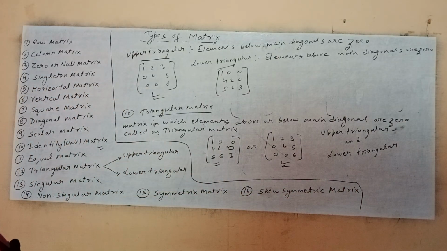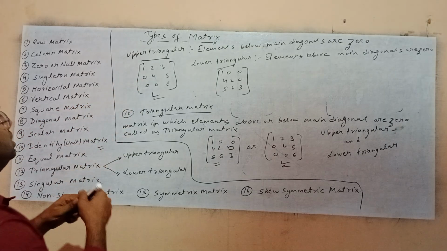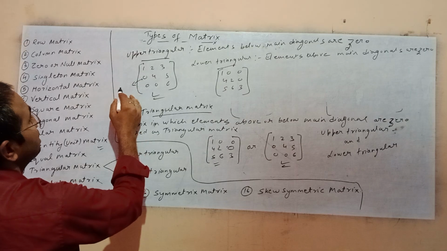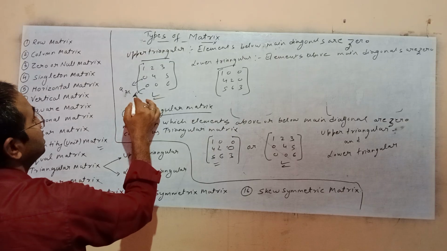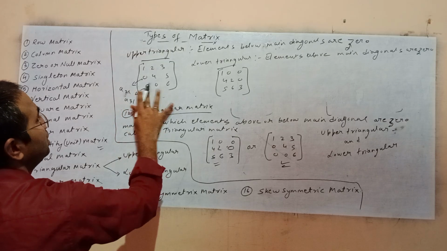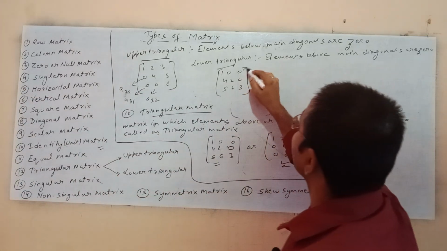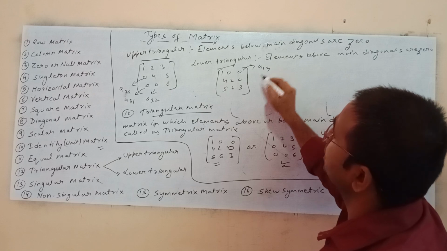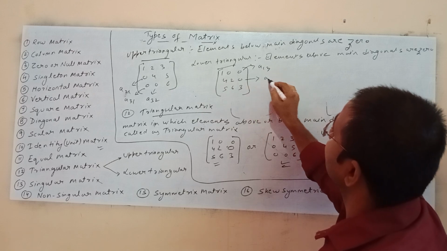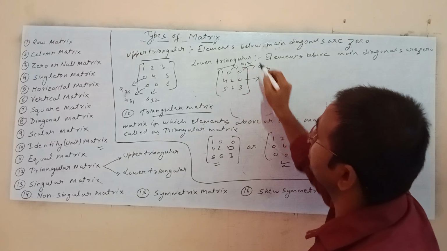In this, this element indicates a21, and this is a31, and this is a32. And this is called a13, and this is called a23, and this is called a12.